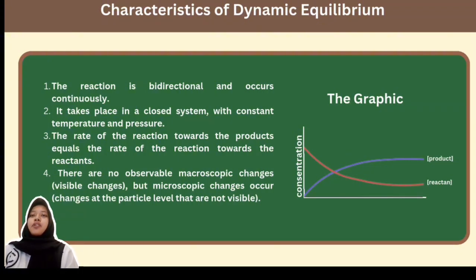As the reaction progresses, the concentration of reactant decreases while the concentration of product increases. At a certain point, the concentrations of products and reactants appear constant. The reactant no longer decreases and the product no longer increases. So this is the stage called dynamic equilibrium.